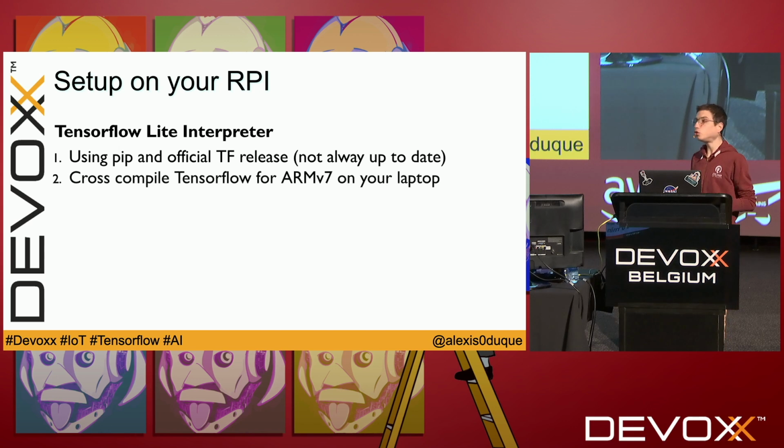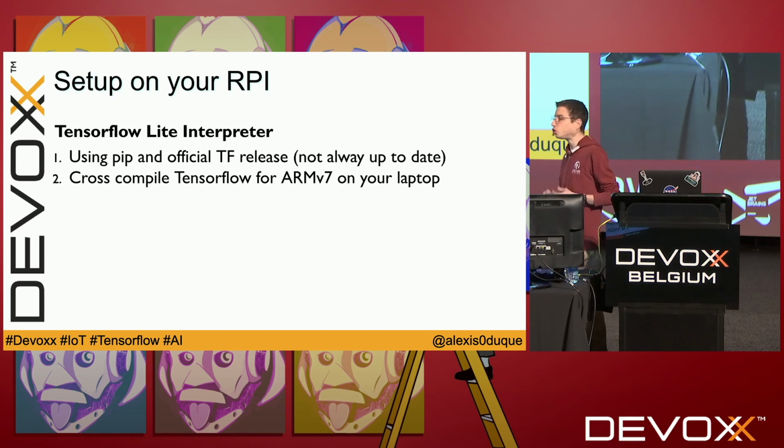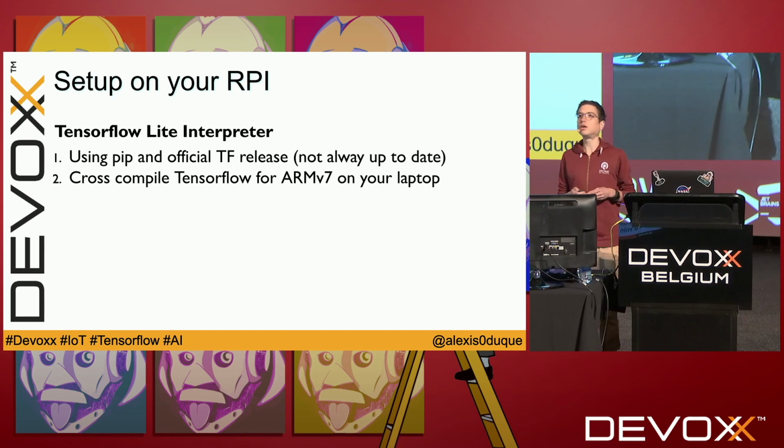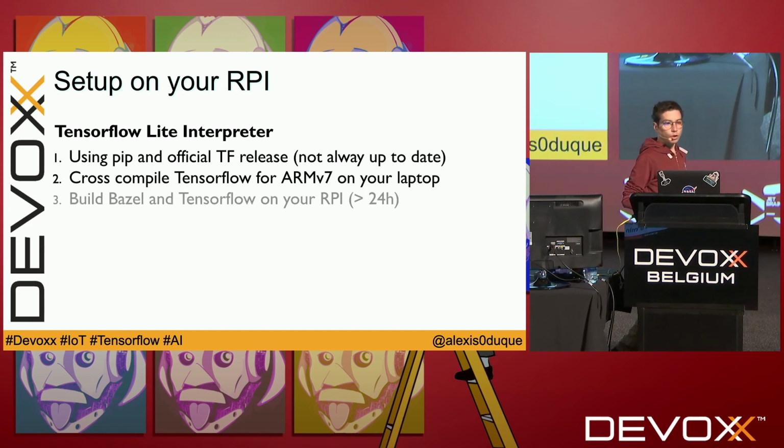The other thing you can do is to cross-compile TensorFlow on your laptop for your device. It's a bit painful, and if you are not used to cross compilation, it can be difficult. The other way is to build Bazel, the build system for TensorFlow, on your Raspberry Pi or on your device, and you compile TensorFlow on your device. But it can take a lot of time.